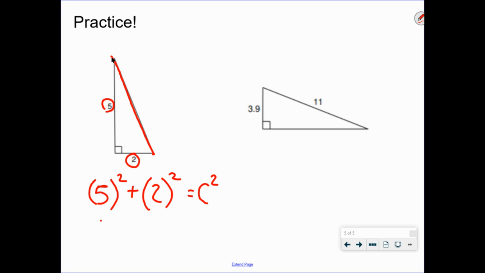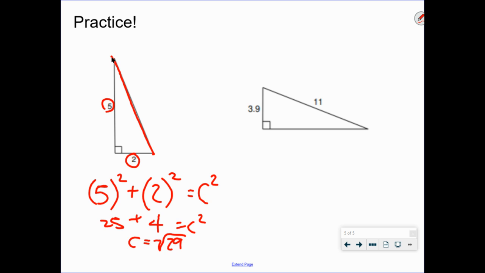When we calculate that, we got 25 plus 4 equals c squared. And you should get c is equal to the square root of 29, right? Because when you add 25 and 4, that c squared equals 29. But you got to get c by itself, so you got to take the square root of it.